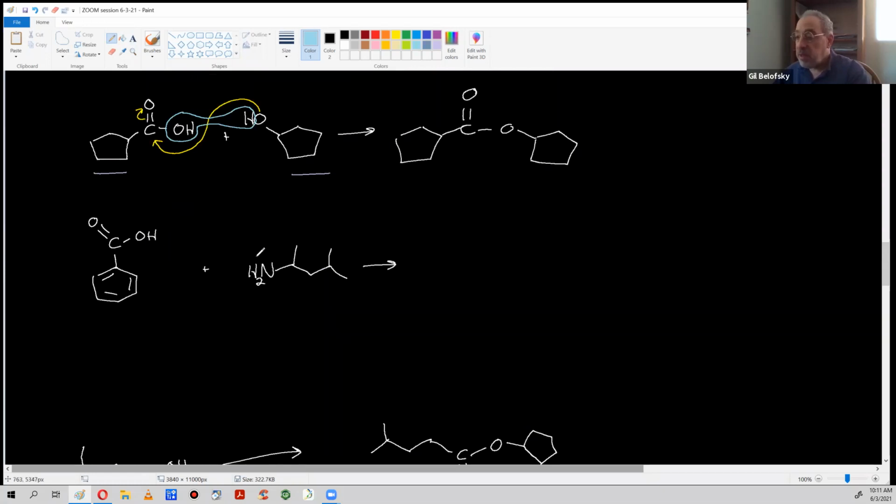Another example of an amide doing the same kind of thing. Oh, keep my colors consistent. So the lone pairs on nitrogen form a bond there, displacing electrons there. Those electrons come back down, kick off the OH group, and give us the associated amide.